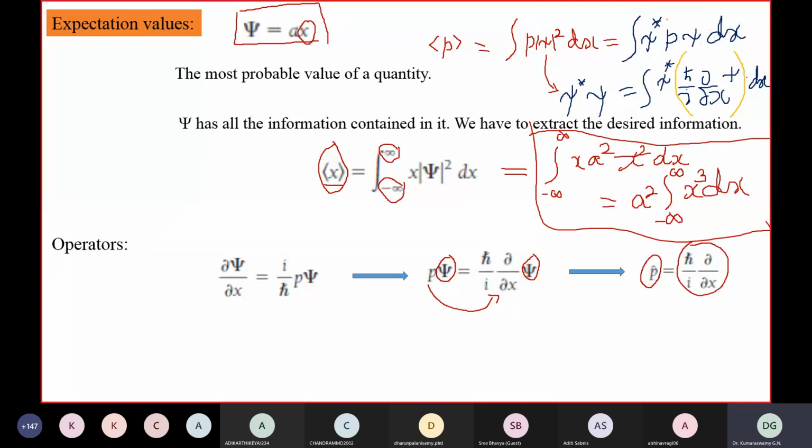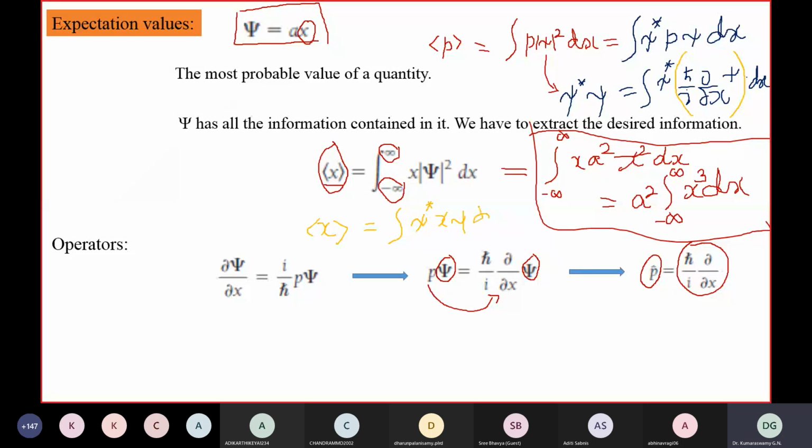Similarly, in the light of that, the expectation value of x is equal to the integration of psi star x psi into dx.